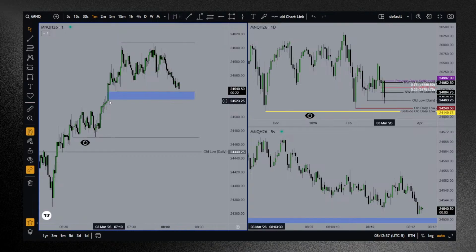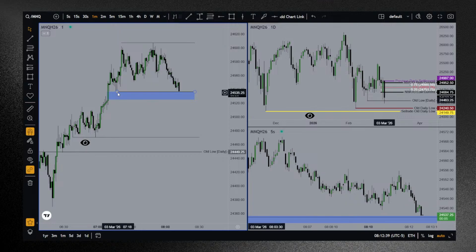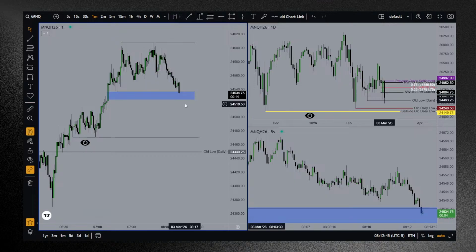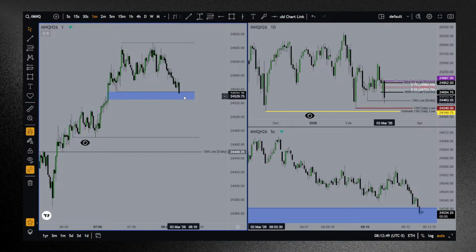There is this busy sell side liquidity pool linked to it. So preferably if we just smash right through it, it could maybe act as a bearish inversion fair value gap. That's something that I'm watching right now.